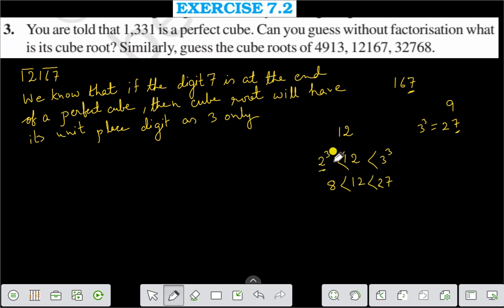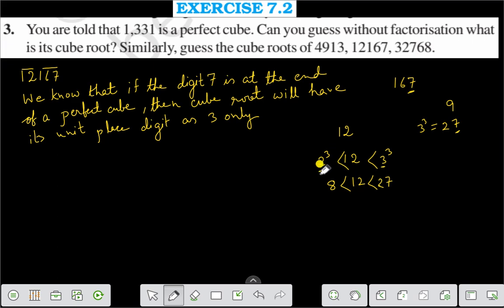The smaller number is 2, and 3 is greater. So 12 lies between 2 cube and 3 cube, and the smaller number is 2.